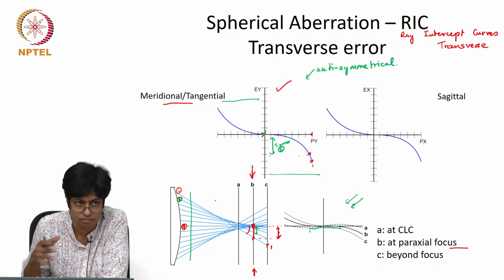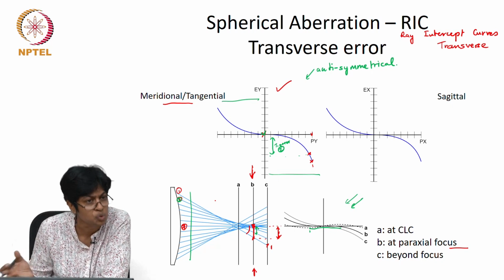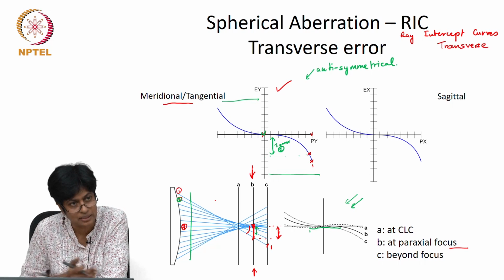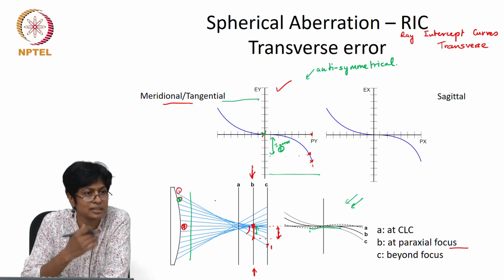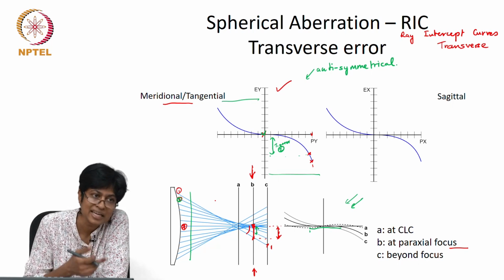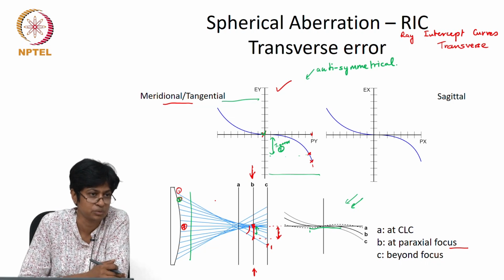And you'll see that as we go down this class today, right? So you often need to move away from the paraxial image plane. If you're not at the paraxial image plane, then you are measuring the aberration as the displacement or the difference between any ray and the paraxial ray at that plane. That's how you would define it.